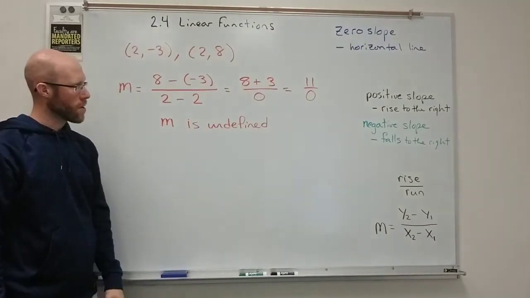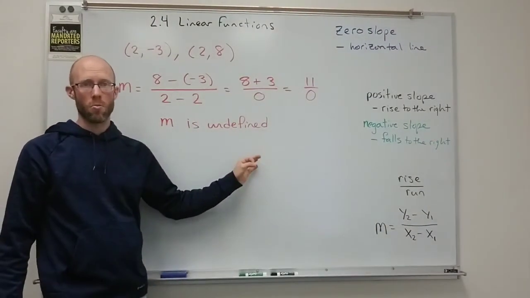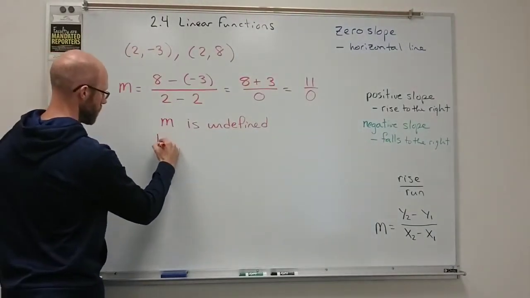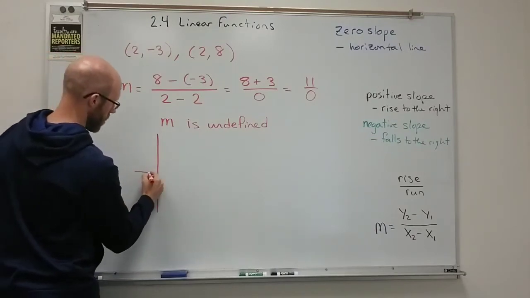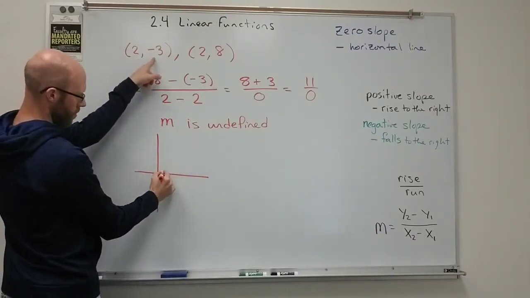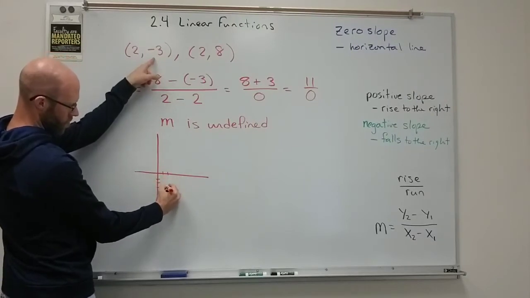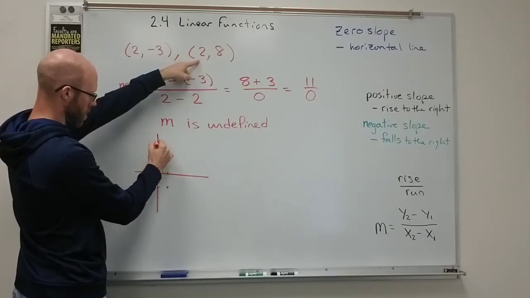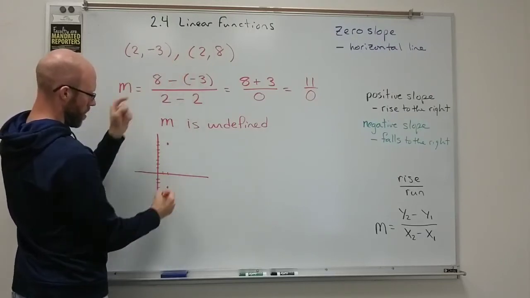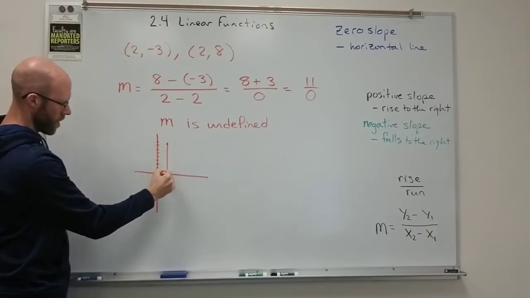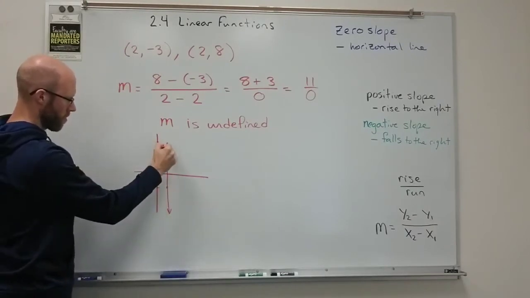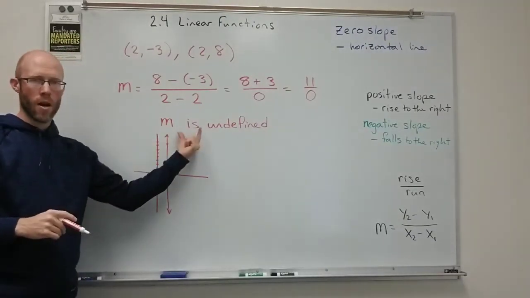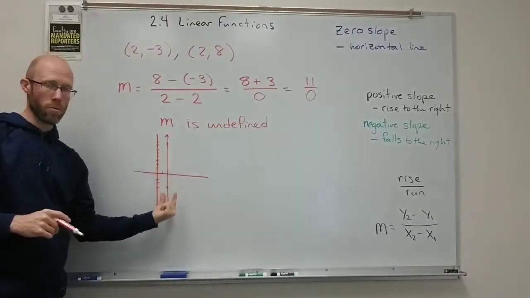So m is undefined, and so anytime you have an undefined slope, oh, I should show you the graph before I get into the summary. The graph of this, if I look at the point (2, -3) over 2 down 3, and if I look at the point (2, 8) over 2 up 8, they're going to line up on a vertical line. Okay, so they line up on a vertical line, and so anytime you have an undefined slope, the line will be vertical.